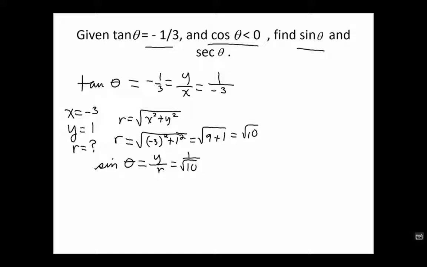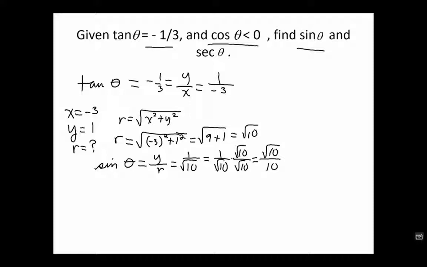So the sine of theta is 1 divided by the square root of 10, which is what? You rationalize the denominator. So we get the square root of 10 divided by 10. So that's the sine of theta.